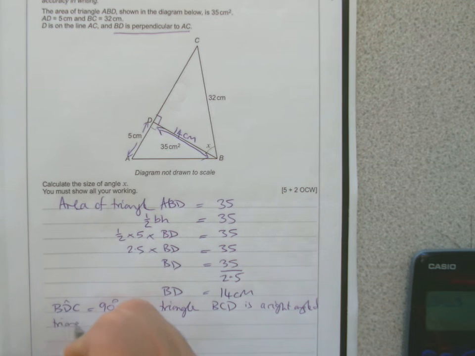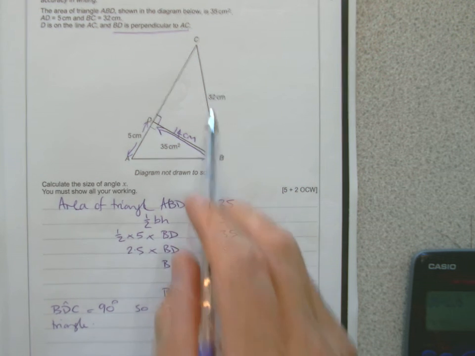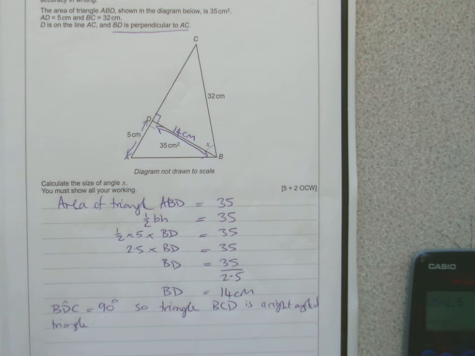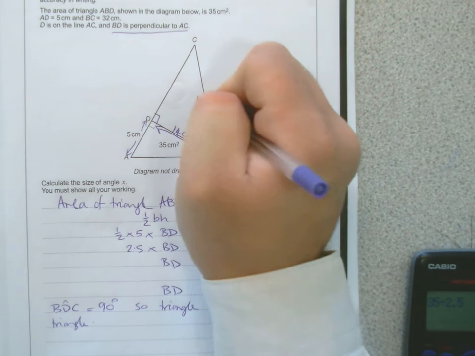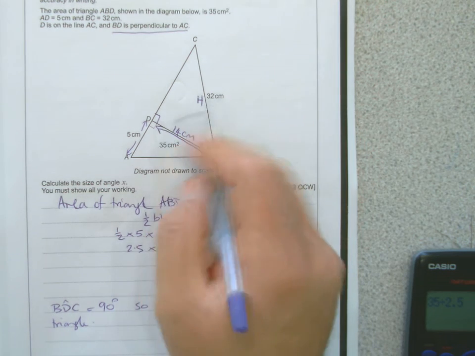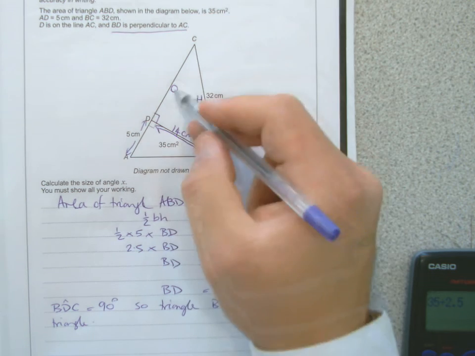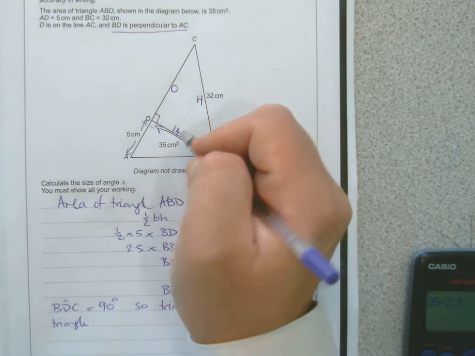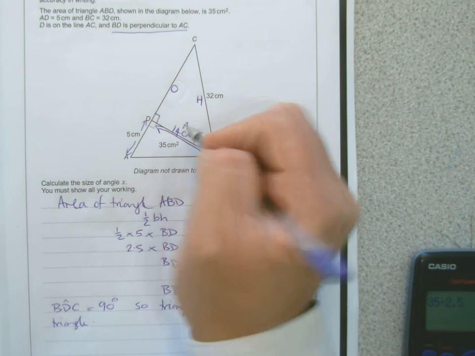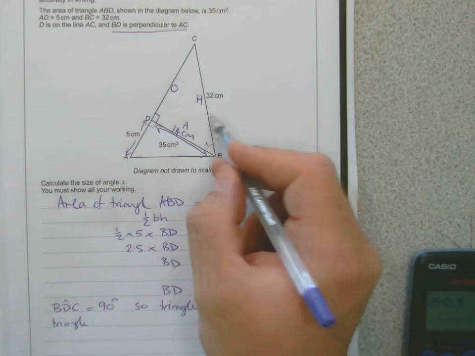And with a right angle triangle, if we want to work out an angle, we can use SOHCAHTOA, can't we? We're allowed to use that because it's a right angle triangle. H there is opposite the right angle. O is opposite the angle I want. And my A is the adjacent. The two sides I'm going to use are the ones I know.